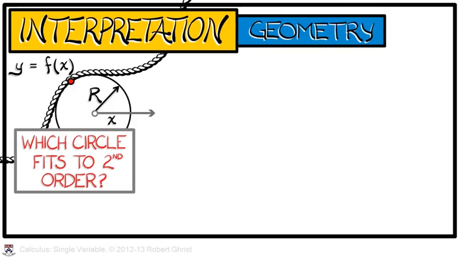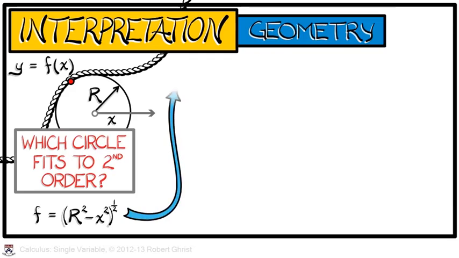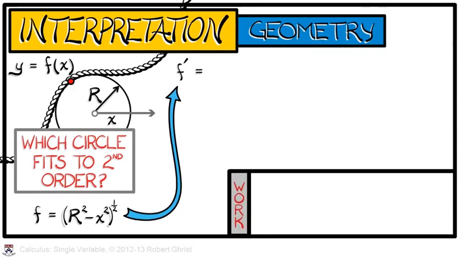Now, at some value of x, the graph of this circle, that is square root of r squared minus x squared, is going to agree with f and its derivatives, at least the first two. Now, let's do a little bit of work. If we differentiate this equation, what do we get? We get f prime is equal to what?